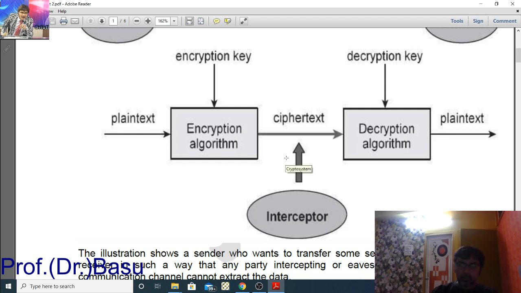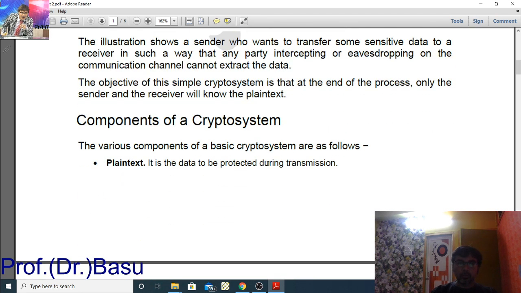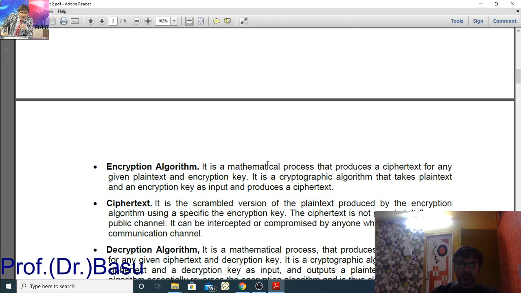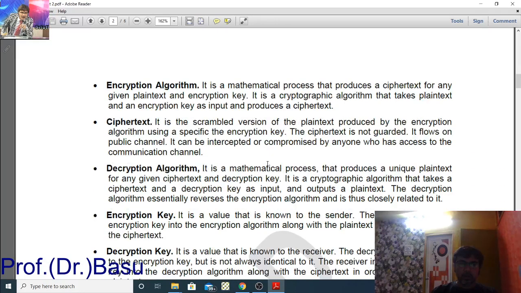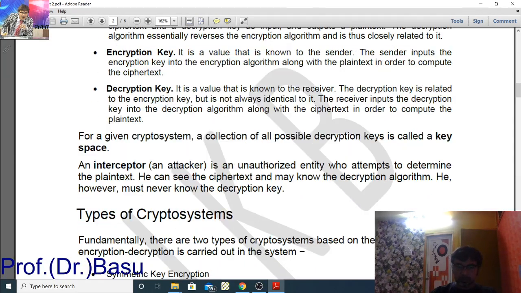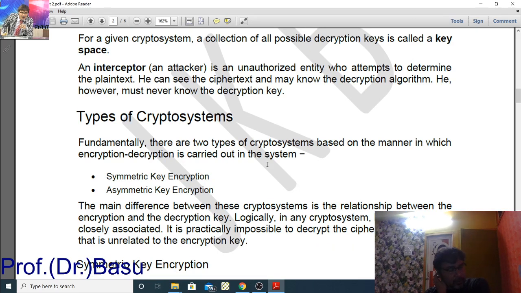So this is the main challenge of this cryptosystem. So the components of a cryptosystem are the plain text, encryption algorithm, cipher text, decryption algorithm, encryption key, decryption key. Okay.